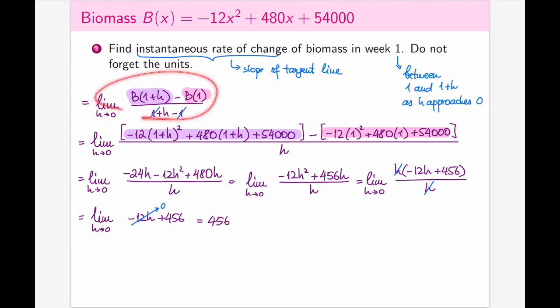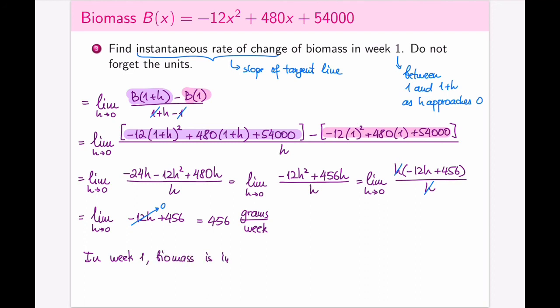And what are my units here? Let's take a look at the first expression. On top, we had a difference in biomass, which was measured in grams. And on the bottom, we had the difference in weeks. And that is giving us the units of 456 grams per week. So that means that in week 1, the biomass is actually increasing because the number here is positive.